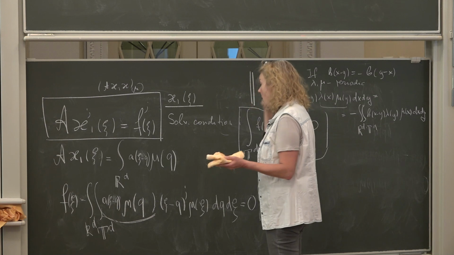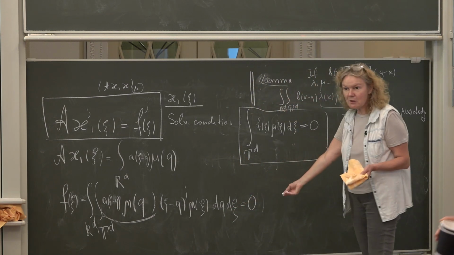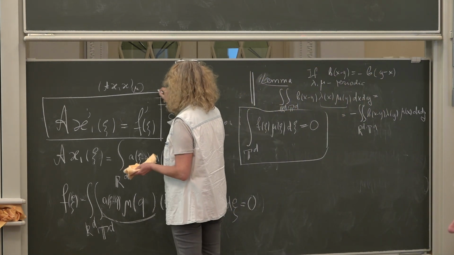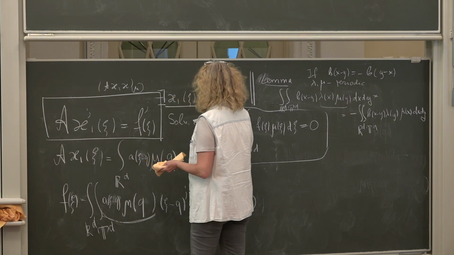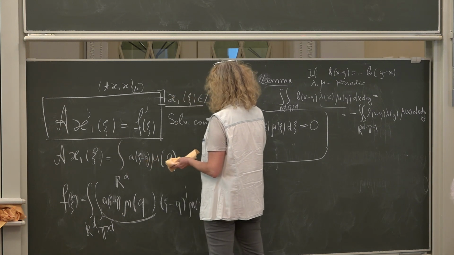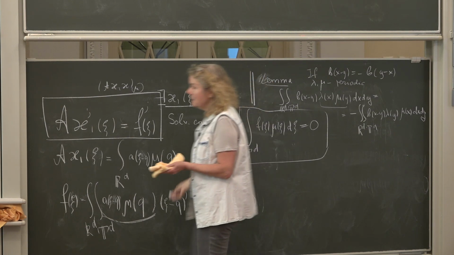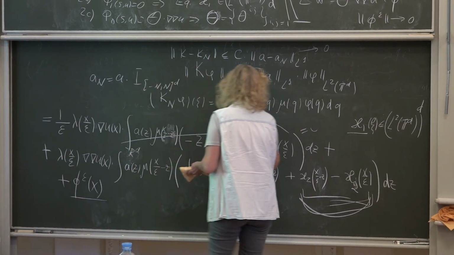We obtained that in our situation the solvability condition holds, and that means that there exists a function kappa 1, a function from L2 on the torus, and what we can conclude in this way is that this term disappears.